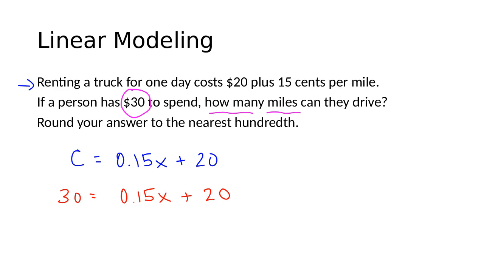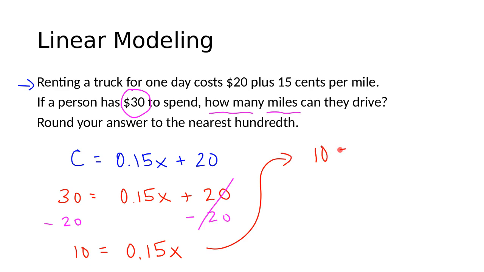So the first thing we'll do here in order to start working toward getting the variable by itself is to subtract 20 from both sides. On the right-hand side of my equation, those 20s cancel, and that leaves me with 10 equals 0.15 times X. And since I'm running out of space, we'll move that over here. I have 10 equals 0.15 times X. One more step to get X by itself. I need to divide both sides by 0.15.